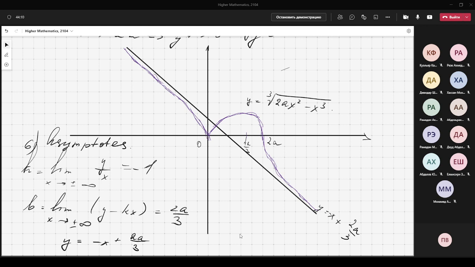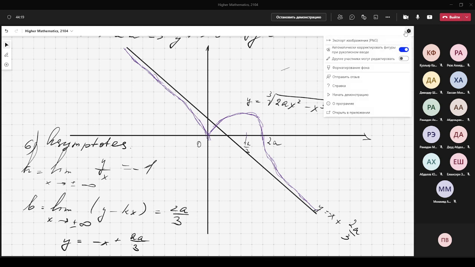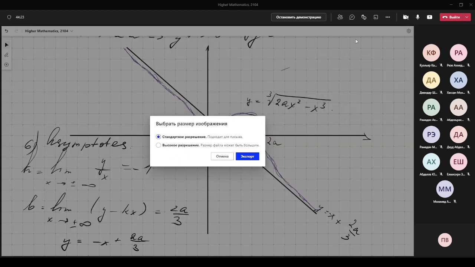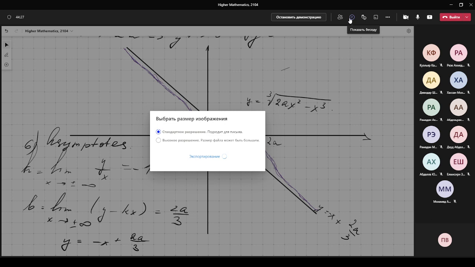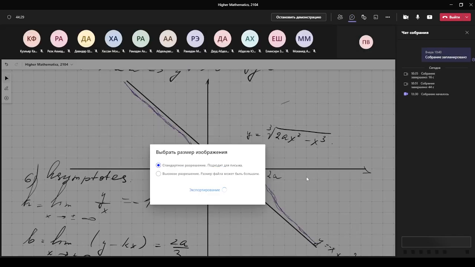Okay, now I will send you these examples in the chat.